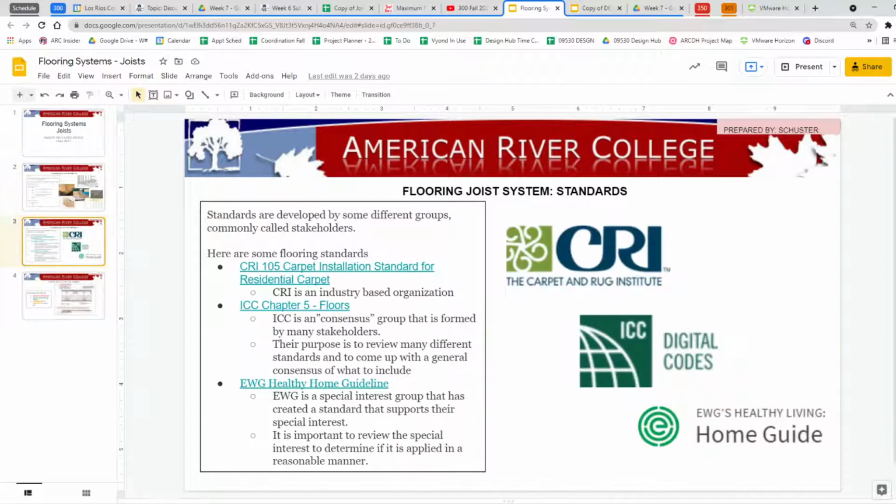What is it? Let's talk about standards. So it's really important that you know who made up the standard and who supports the standard and who accepts the standard. I could do the ARC 5-star gold standard of design, and I made it up as American River College Design Technology Department.